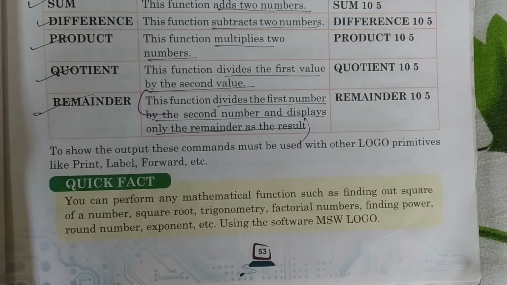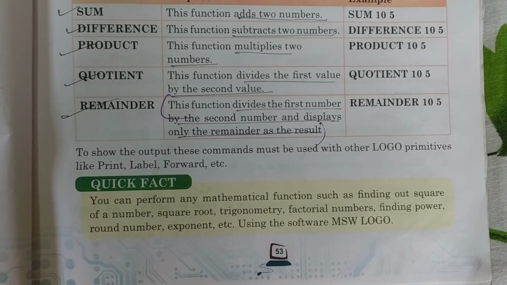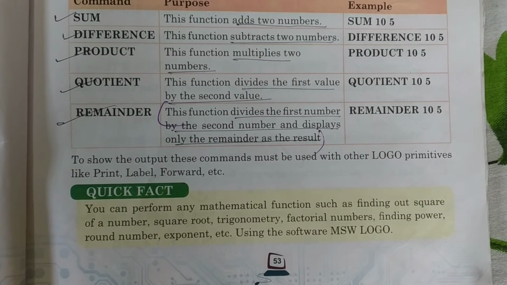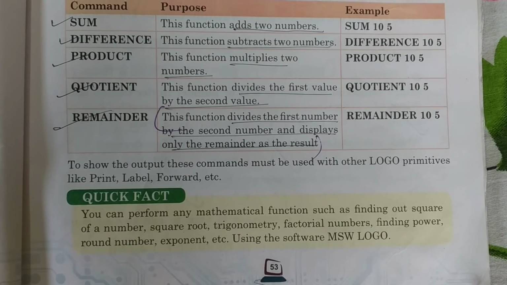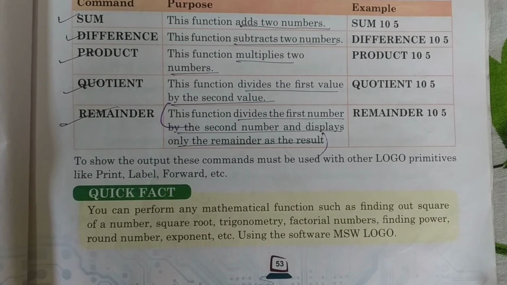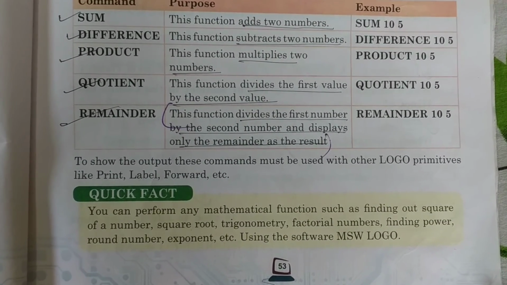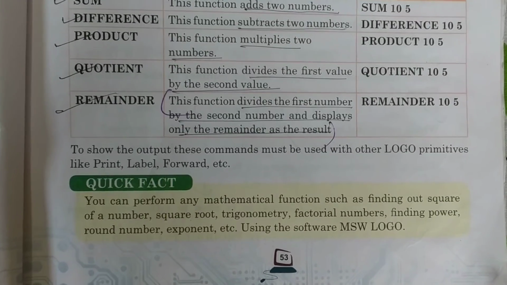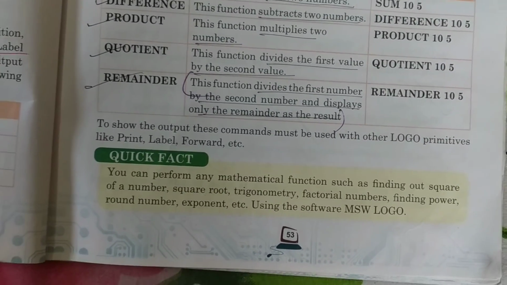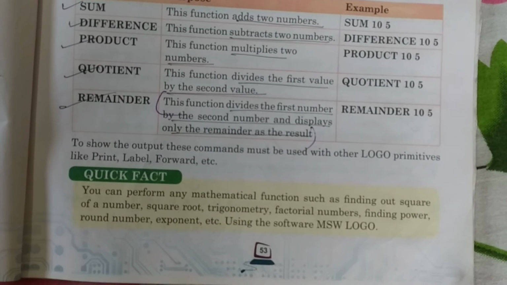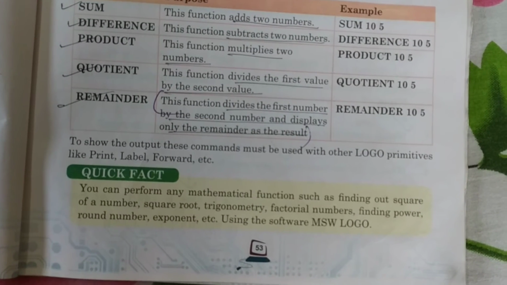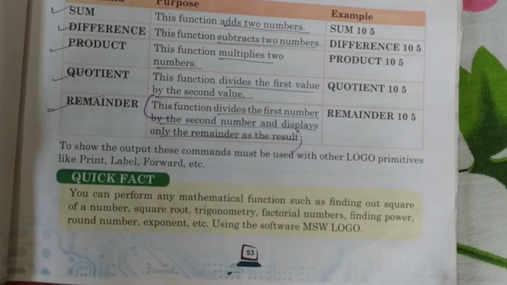There is a quick fact which you can read on your own. Different mathematical functions like square, square root, trigonometry, factorial numbers can also be done using this software, MSW Logo. But these are absolutely new terms of mathematics for you, so no need of learning this quick fact.